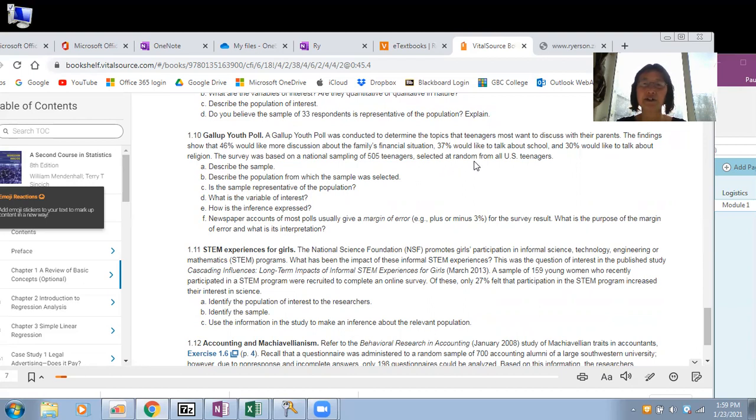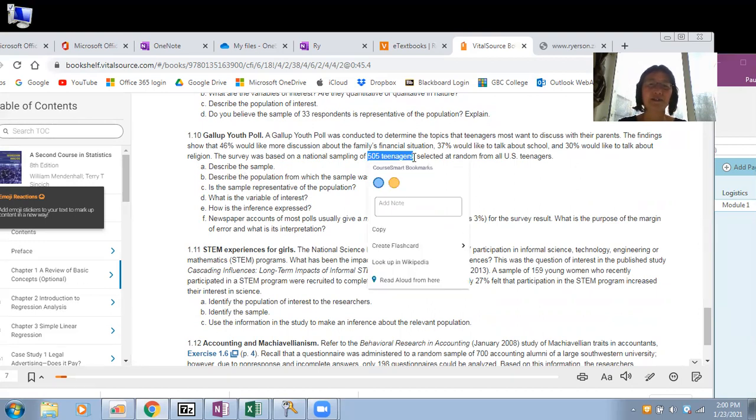Select at random from all U.S. teenagers. Question A, describe the sample. Okay, describe the sample. In this study, what is the sample? The sample is 505 teenagers. Okay, that is the sample.